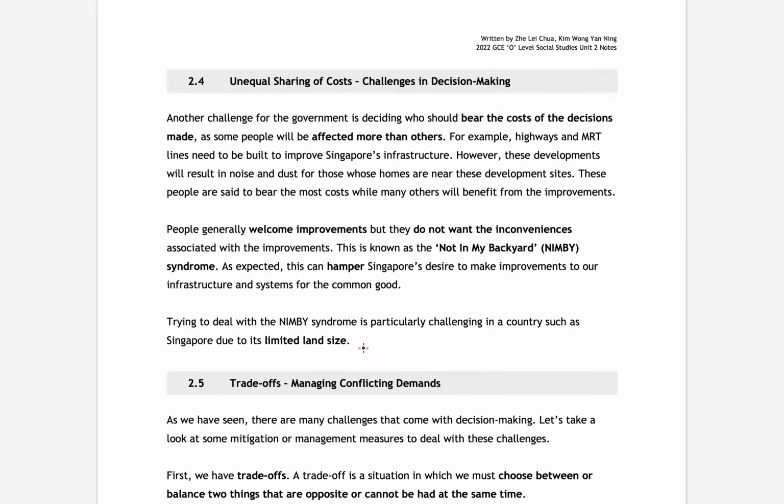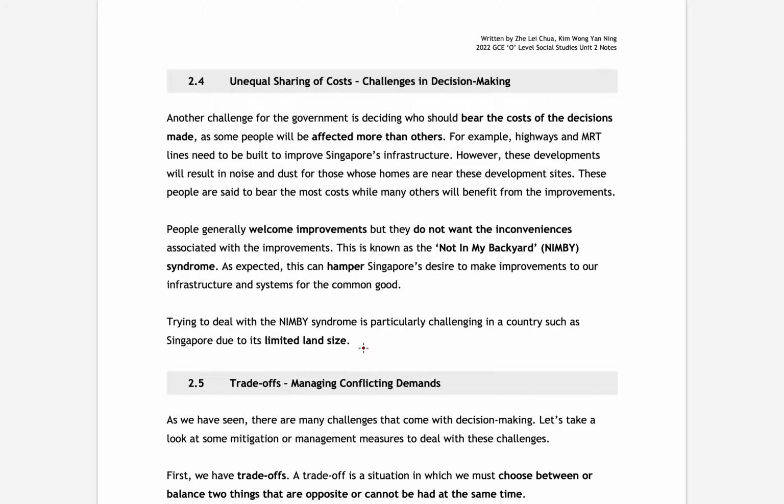For example, if I build a highway or MRT tracks right near a residential block, yes, this MRT line or this highway will be able to serve millions of Singaporeans every single day. But the development of this highway system or MRT track will cause a lot of noise, a lot of disruption, a lot of dust, especially for the people living in the area of the construction.